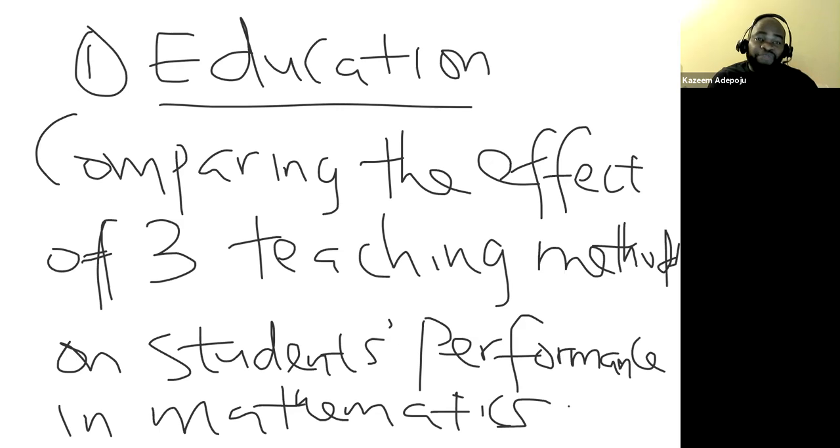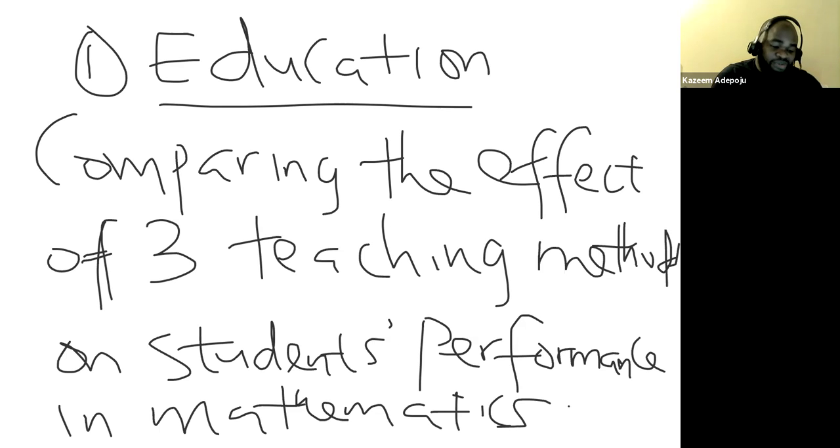Here we have not taken into consideration the nature of students, because we cannot randomly assign students to classrooms. There are different categories of students. There are some students that are gifted.